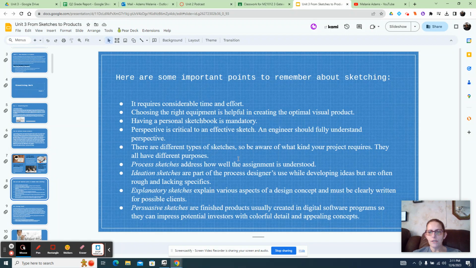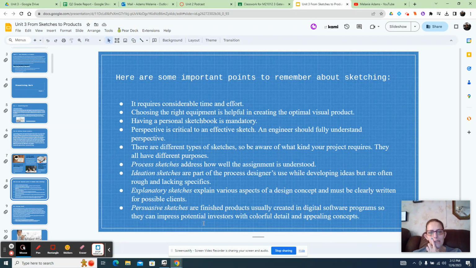And then there are different types of sketches. Depending on what your project needs, there are process sketches that address how well the assignment is understood. Ideation sketches are part of the process designers use while developing ideas. They're basically rough sketches. Explanatory sketches explain various aspects of the design concept and are clearly written for possible clients.